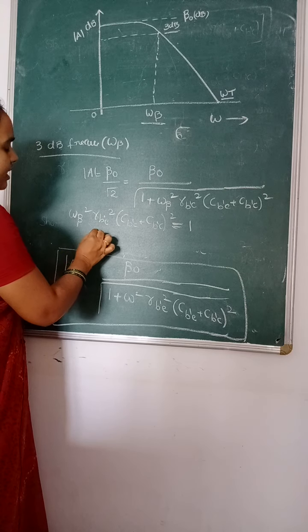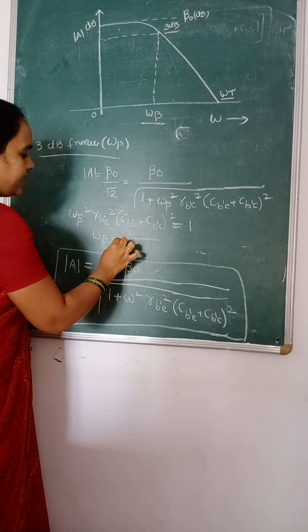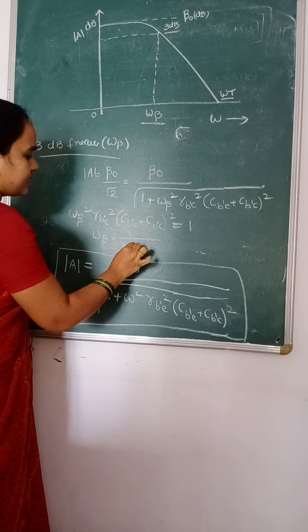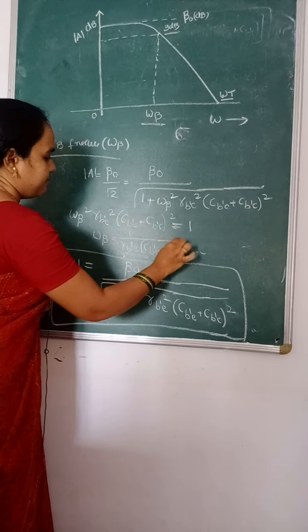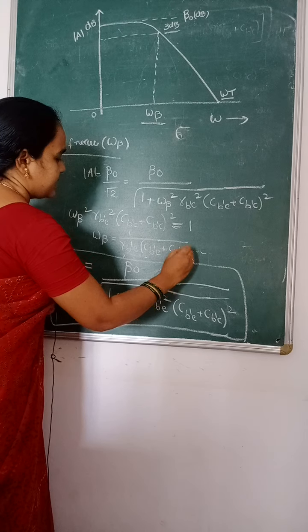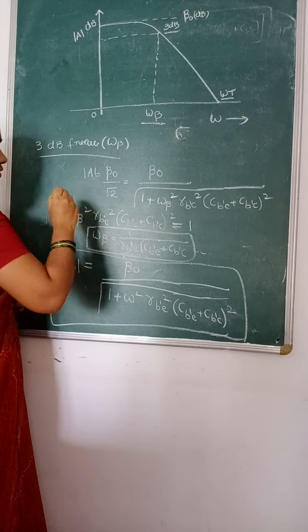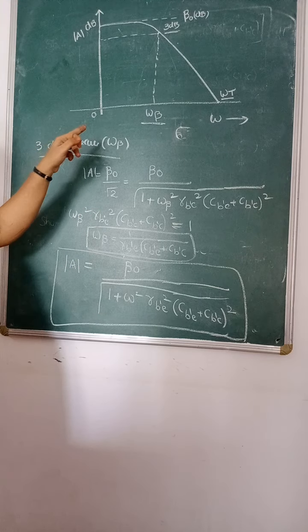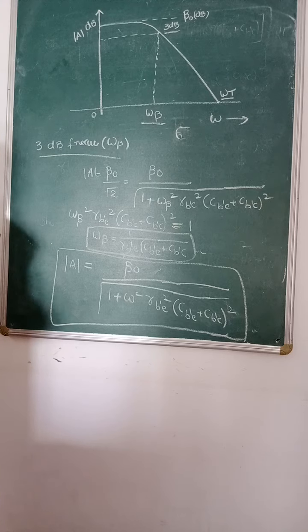Then omega B becomes 1 by r_b'e into (C_b'e plus C_b'c). So this is the one frequency, cutoff frequency observed in short circuit current gain of the amplifier.